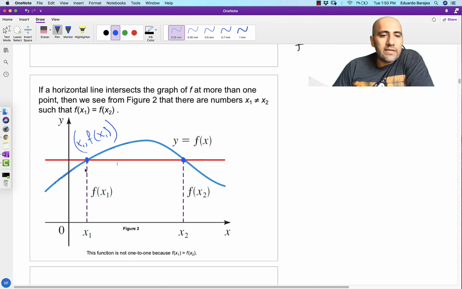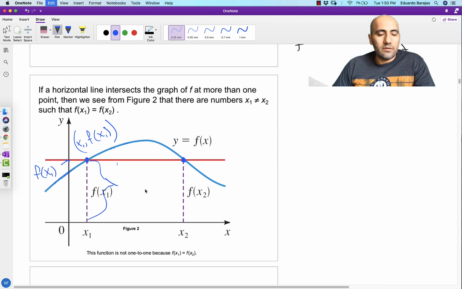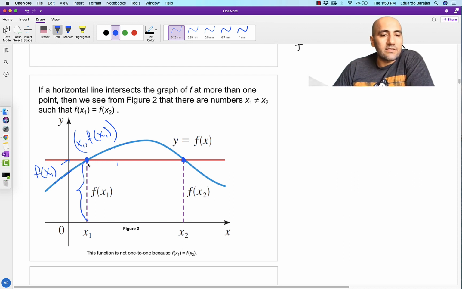Right? So the input is x sub 1, and the output is f of x sub 1. It's equal to this height right here along the y-axis.